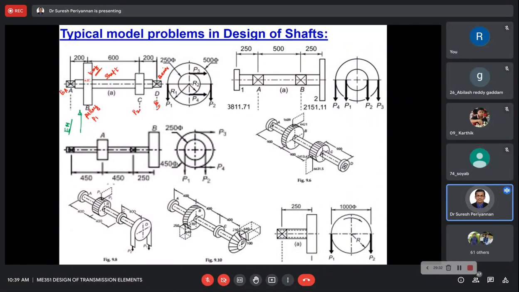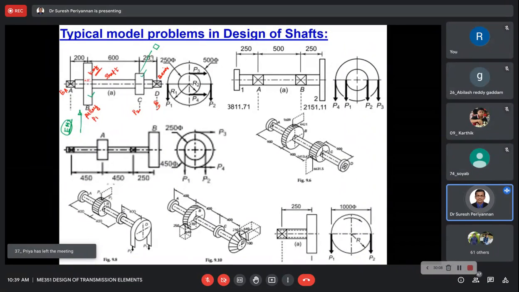This pulley may be connected to the electric motor, and the other pulley may transmit power from here to another mechanism. So these bearings act as a support as well as allow free rotation of the shaft. Then only can we transmit the power from the electric motor to another mechanism.